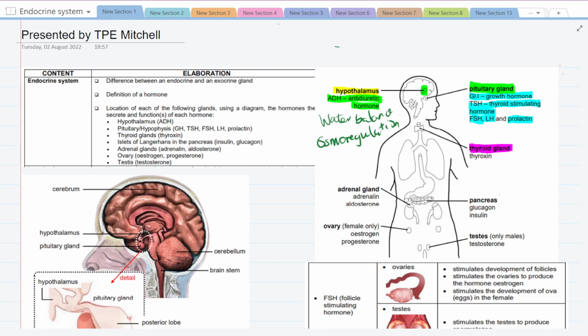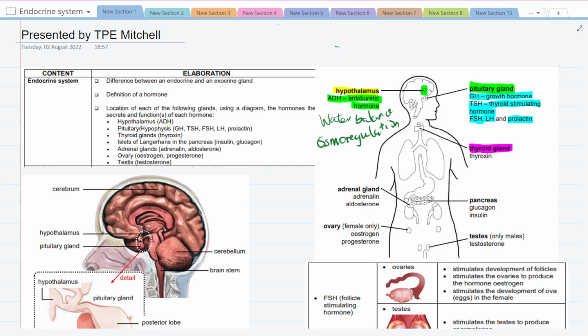To secrete thyroxine. Thyroxine is actually a hormone. These are the hormones, and these are the glands responsible for secreting the hormones. And I will talk more about it. But the thyroxine hormone is responsible for controlling the metabolic rate in your body, and I will do an example based on that, so you must remember that again.